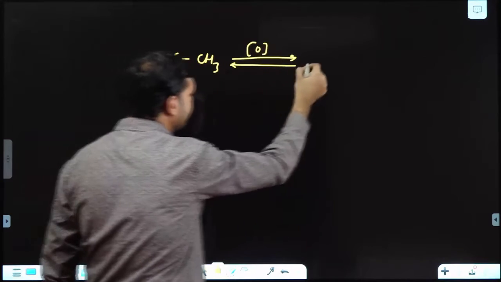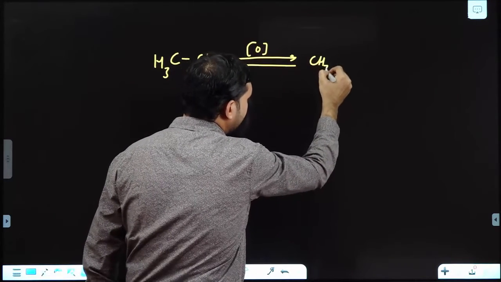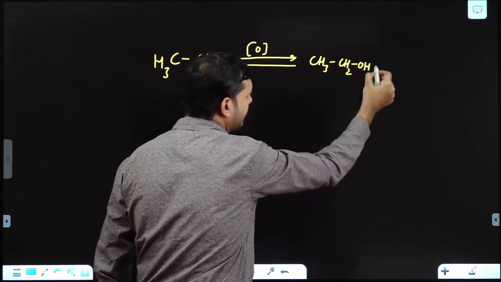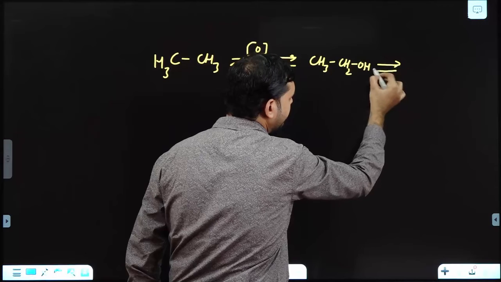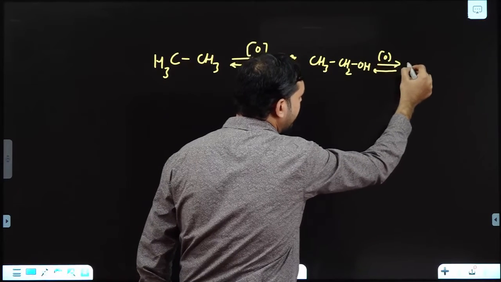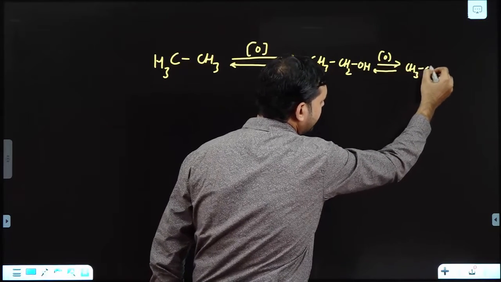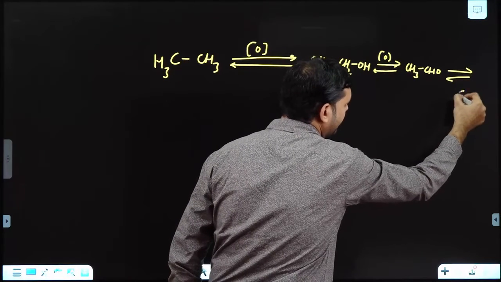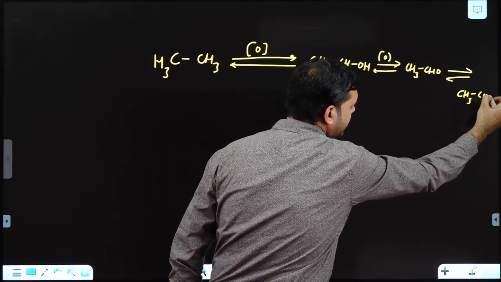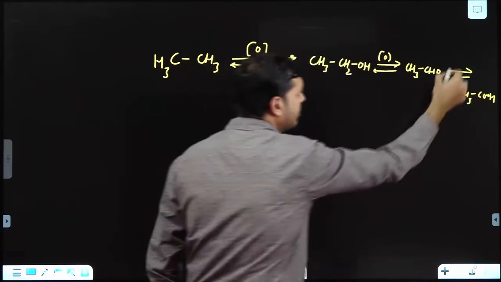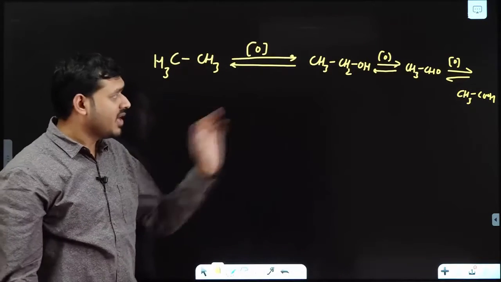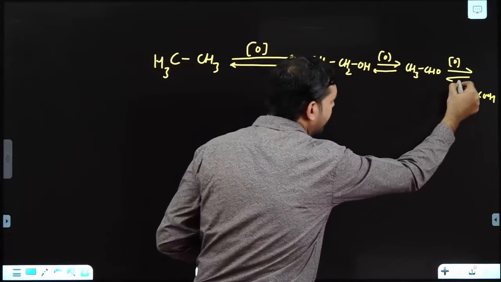Simple oxidation gives this ethane into CH3CH2OH. Again, further oxidation makes it CH3CHO. Again it makes it CH3COOH. Now this is your oxidizing part, oxidation. Clear?